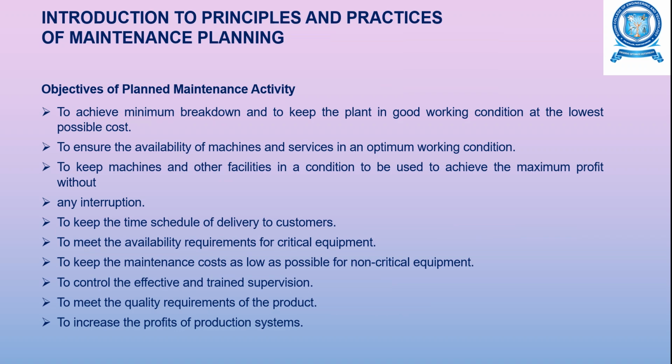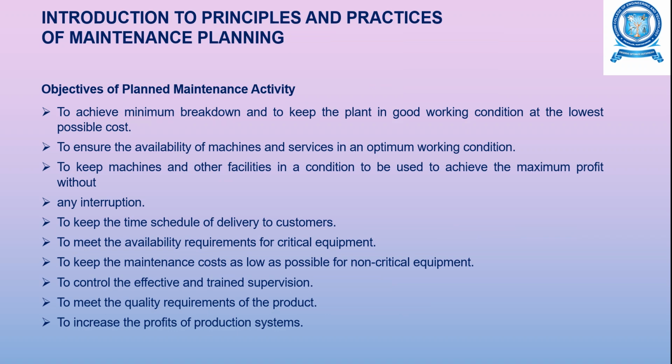Coming to the objectives of planned maintenance activity, the first objective is to achieve minimum breakdown and to keep the plant in good working condition at the lowest possible cost. That is the key objective of plant maintenance.